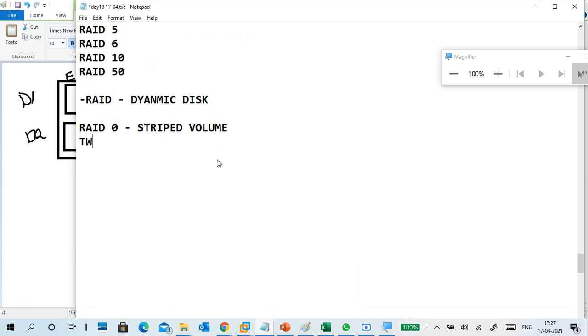So, with this volume you can use two or more disks combined, and it becomes a single volume.